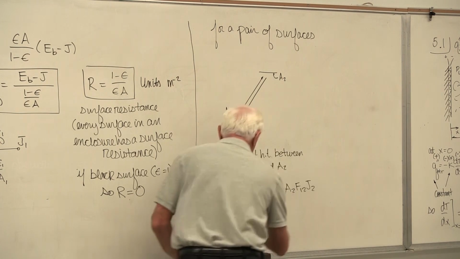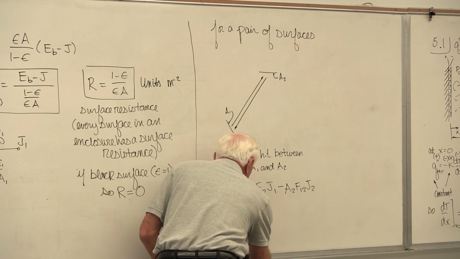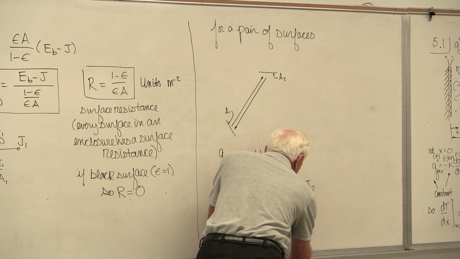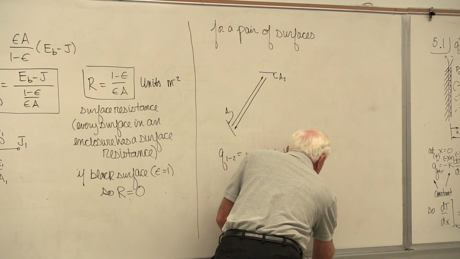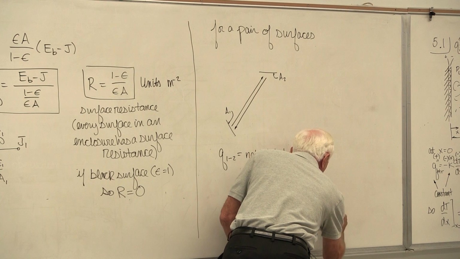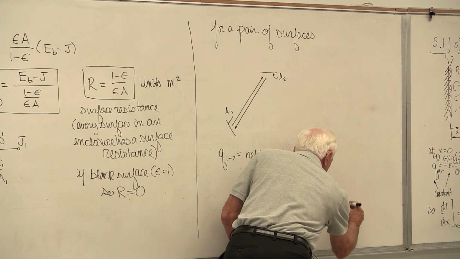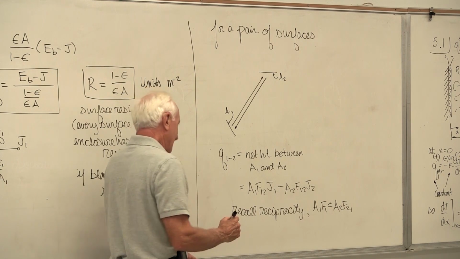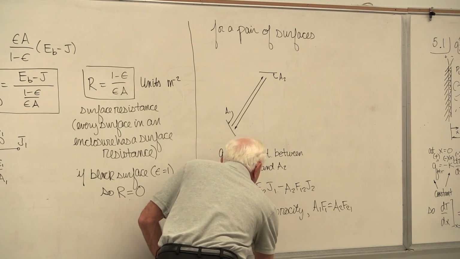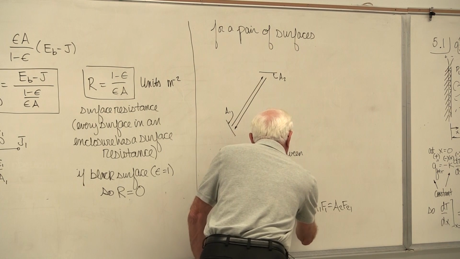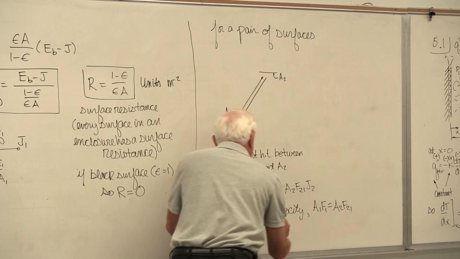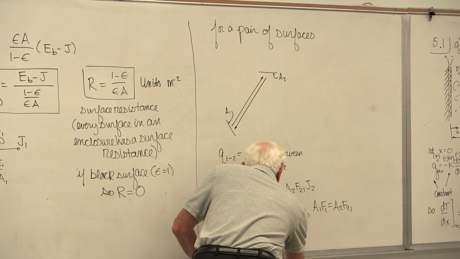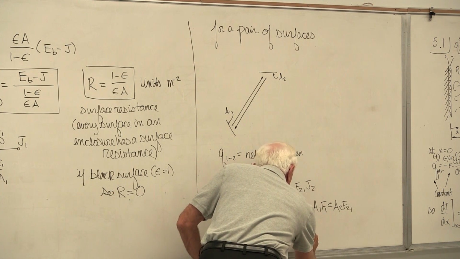But then we recall reciprocity. So in that case, A1 F12 equals A2 F21. So then we can get rid of A2 F21. So now we have A1 F12 times J1 minus J2.